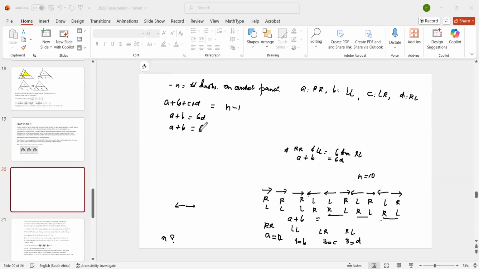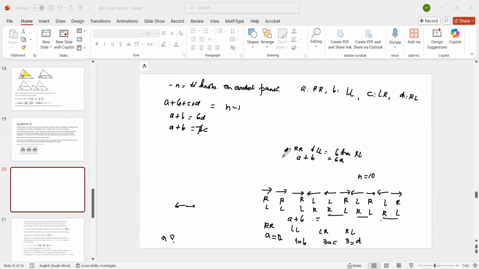So this is 6C, LR is C. So you got these 3 equations. And the problem is to find N. Oh, I'm sorry, this is 7. It turned out that this is 7. Not the same.